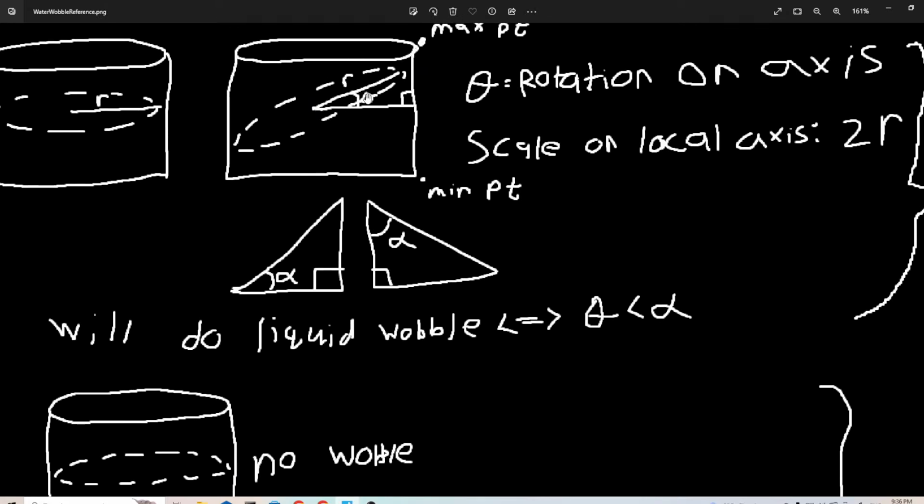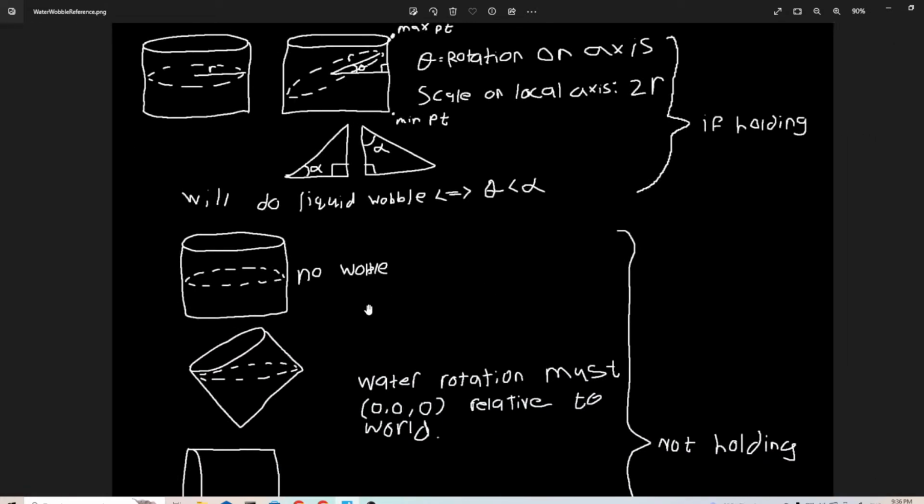So if the angle of the water tilt exceeds it, we want some of it to spill, so we'll take some of the water. Then there's a min point, which would look like this right angle triangle, which will stop it from clipping through the pot and going out.